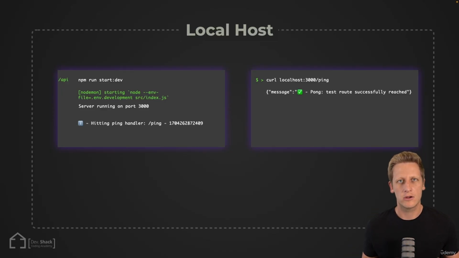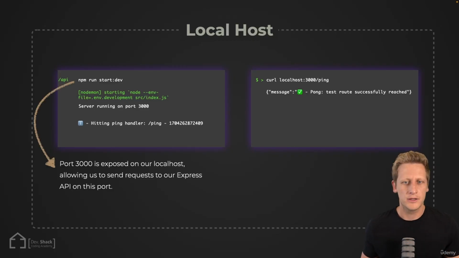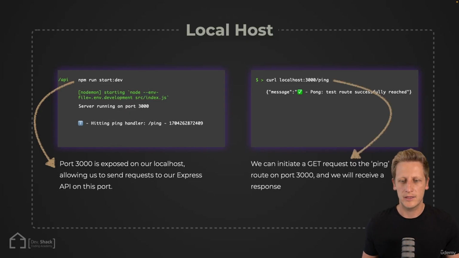We're seeing our console logs being logged out, and we get the response back. To reiterate, port 3000 is exposed on our localhost, and this allows us to send a request to our Express API on this specific port. We can initiate that GET request on port 3000 and we'll receive a response. So the whole request-response cycle is working within our localhost environment.